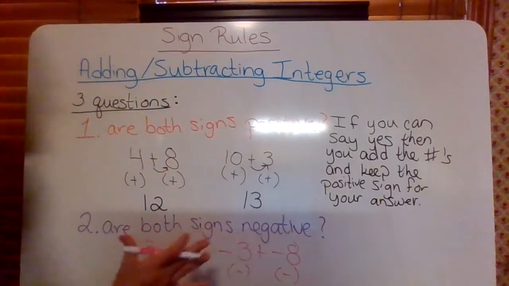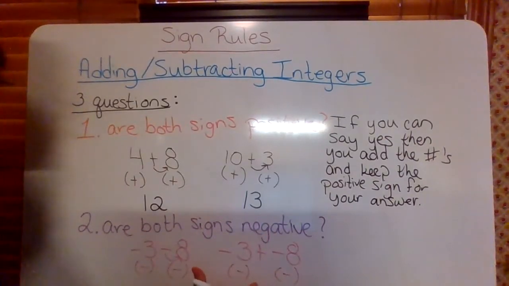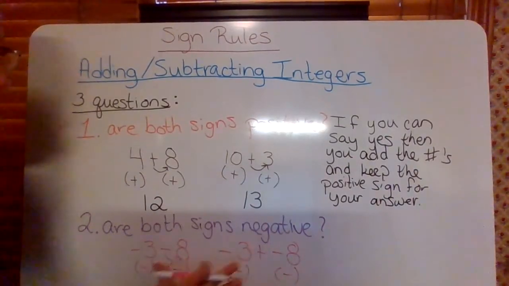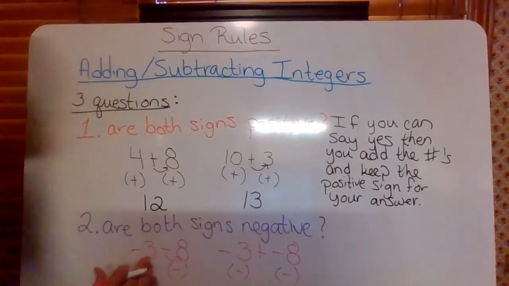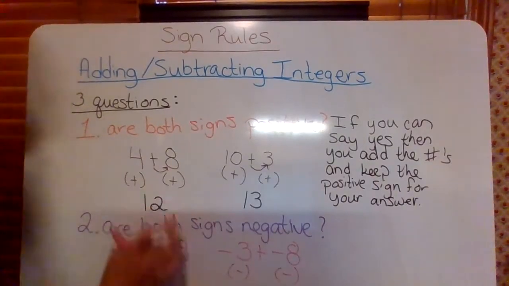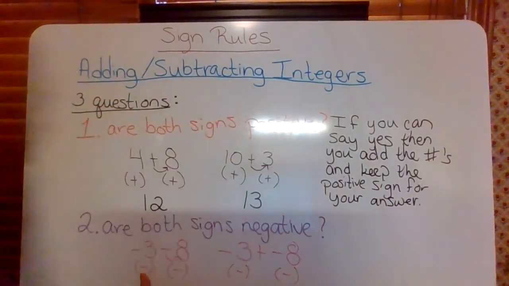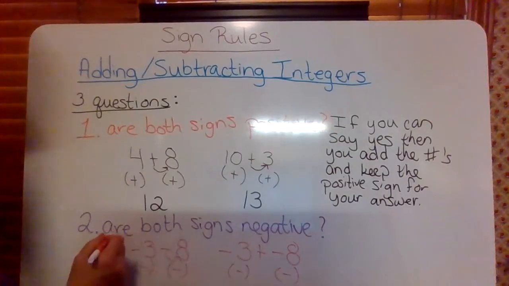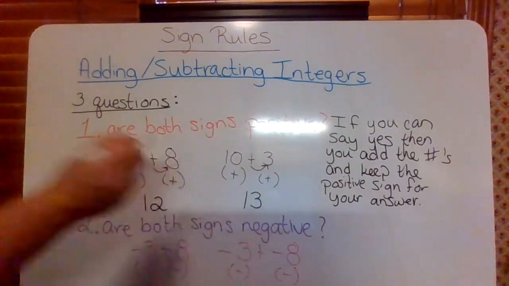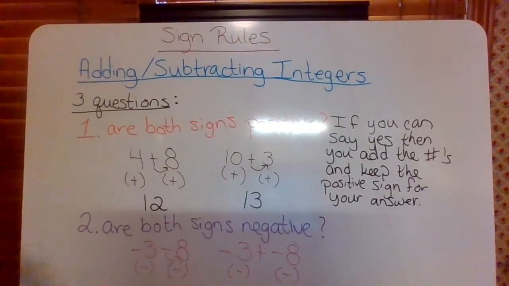They are both negative numbers. You've got to remember, either way, they're both negative. Okay? So just because you see a minus sign right here, that doesn't mean, hey, I'm subtracting. Not necessarily. You have to go with your sign rules. Okay? So right here, are both signs negative? That was the question I said you needed to ask yourself. In this case, they are.